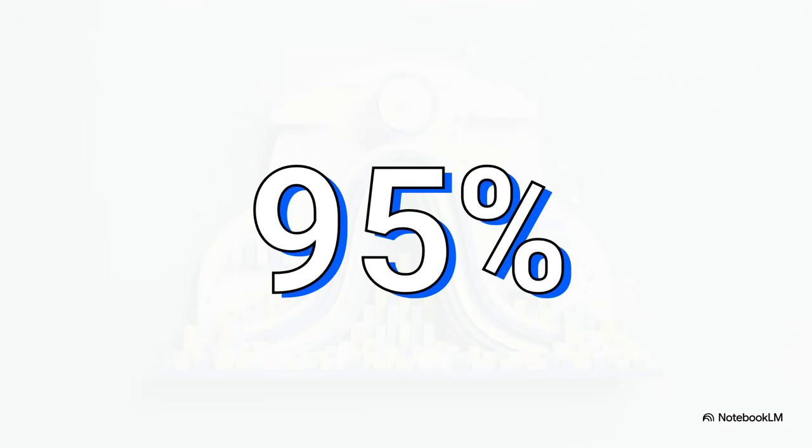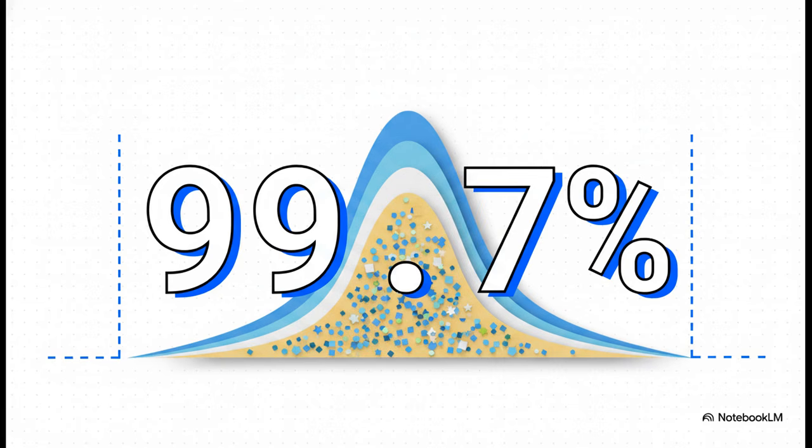We are getting really close to capturing absolutely every possibility. And if you go out to 3 standard deviations, you've captured 99.7% of the data. Almost everything in the entire distribution lives within these 3 standard deviations. It is a highly predictable structure for dealing with entirely unpredictable random variables.